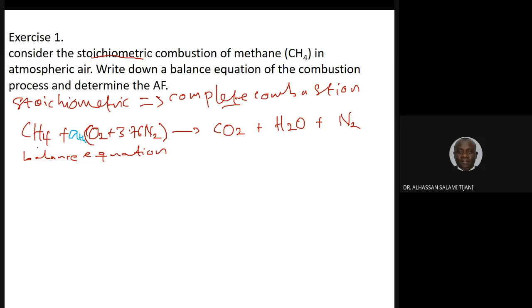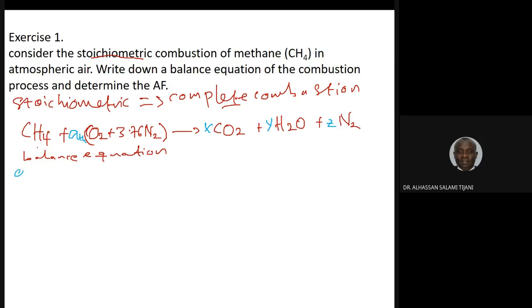We don't know the amount of carbon dioxide forming in the product, so we say let it be X. Also, we don't know the amount of water, which we represent by Y. And the number of moles of nitrogen present, we also don't know, so this is Z.